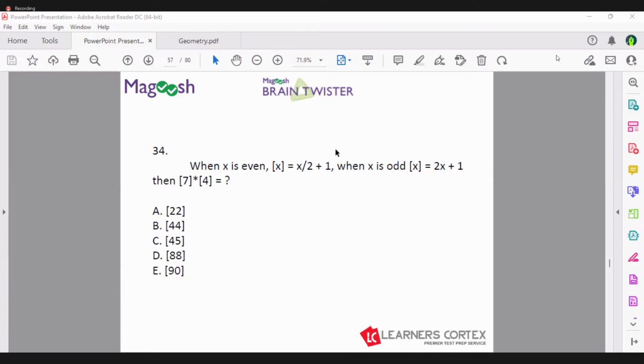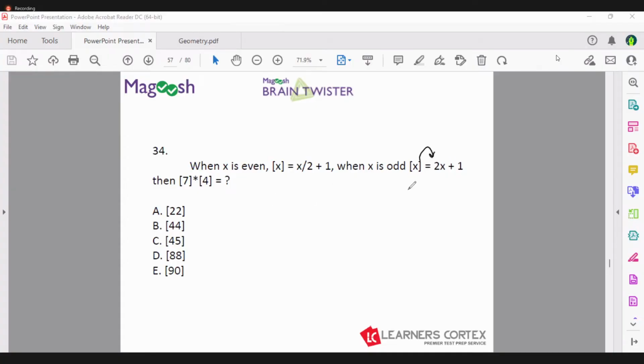When x is even, the function of x equals x by 2 plus 1. And when x is odd, 2x plus 1, right? So what is the value for this? Now the thing is, 7 is odd, so it falls here. Oh, sorry, it's odd, right?